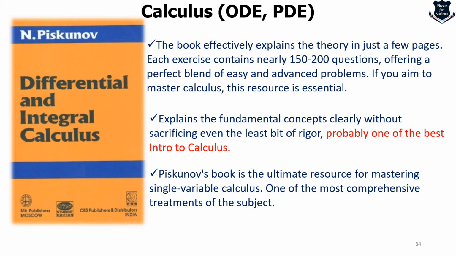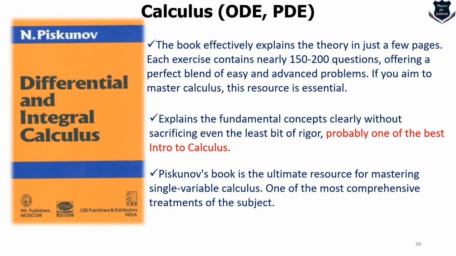Piskunov's book is the ultimate source for mastering single variable calculus, and it is one of the most comprehensive treatments of the subject. Remember that not much of PDEs are covered over here because this is the best book in terms of single variable calculus.